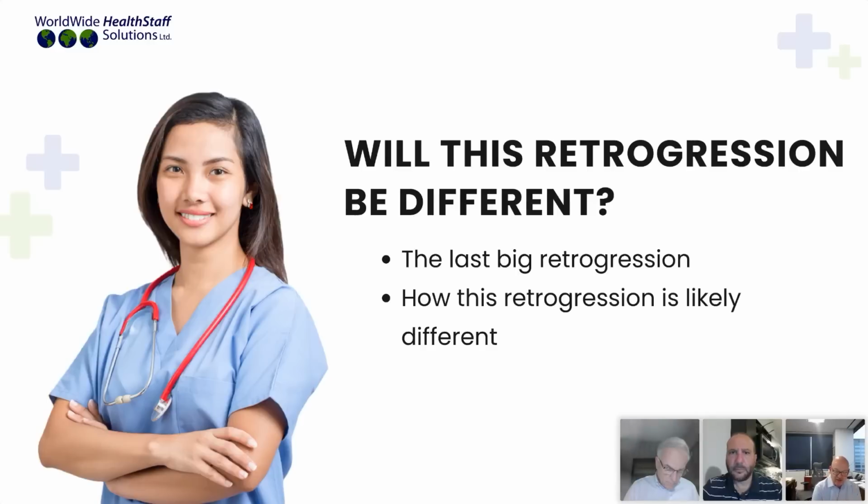One of the other things we're seeing is that this retrogression is not as bad from a date perspective, but it is more widespread. Historically, we've had retrogression that the Indian IT community has faced, that Chinese, mainly engineers and scientists, have faced, and then RNs.